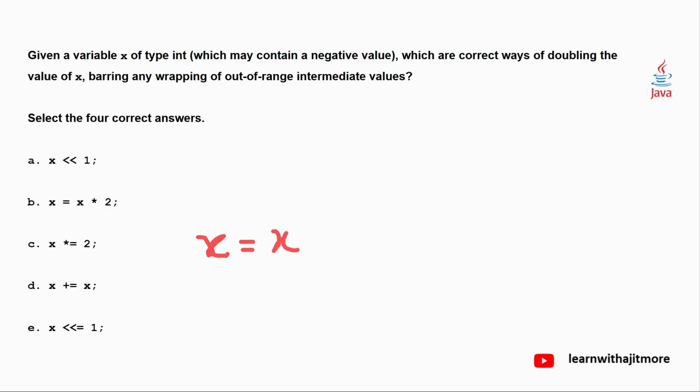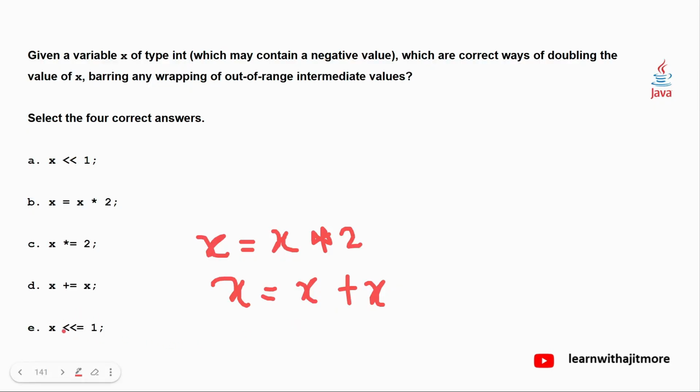It is same as x is equal to x into 2. And you know that when we do compound operation, implicit casting is happening. Here also, it is a compound arithmetic. If we add anything to itself, is it going to double? x is equal to x plus x. x plus x is double only.